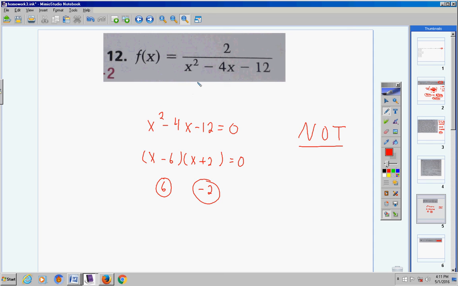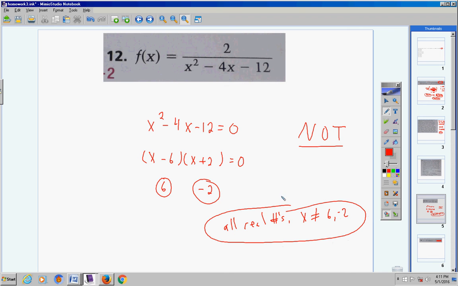So those are the two values that x cannot be. I really see no other problems here, so x can be anything else. So here's how you write your domain. You would write all real numbers, comma, such that x cannot equal 6 and negative 2.